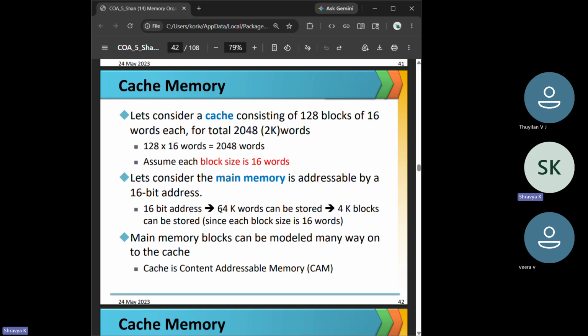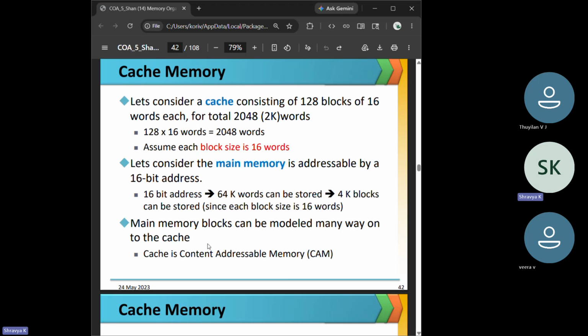And since the block size is 16 words, if you divide 64K by 16, you get 4K. So you get 4K blocks that can be stored. So 64K words can be stored within 4K blocks in the memory. That's how this works.